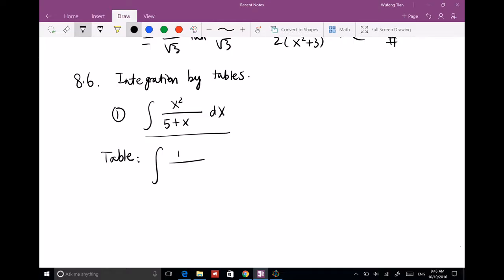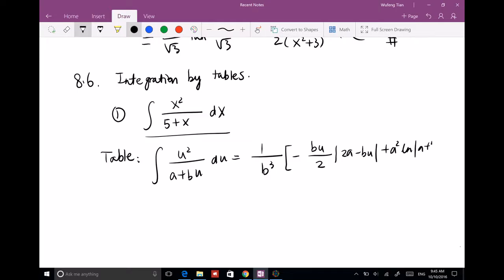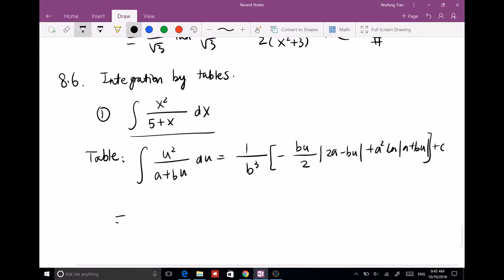Okay, so the formula is the integral of u squared over a plus bu du equals 1 over b cubed times negative bu over 2, a minus bu, plus a squared ln of a plus bu, plus c. Okay, so this is the table, or this is the formula.